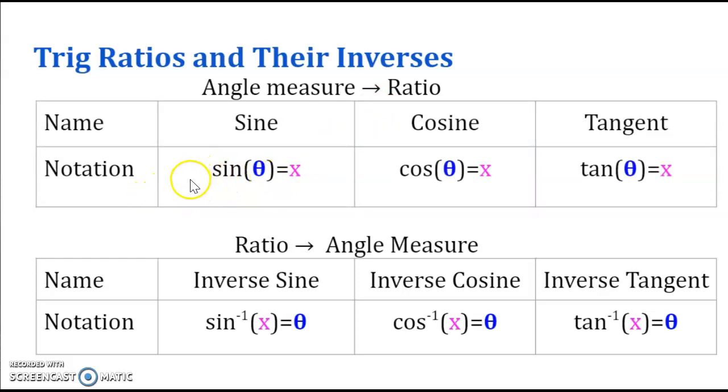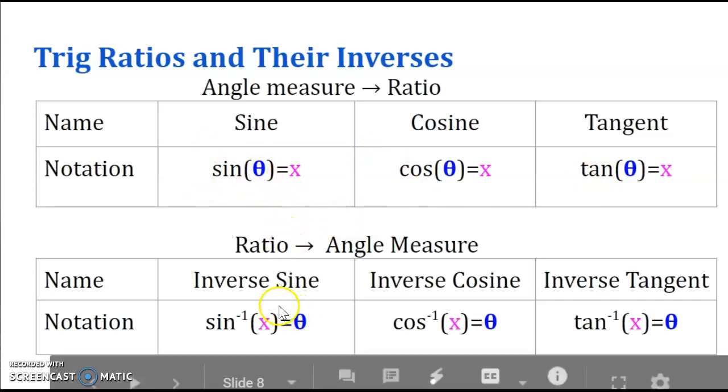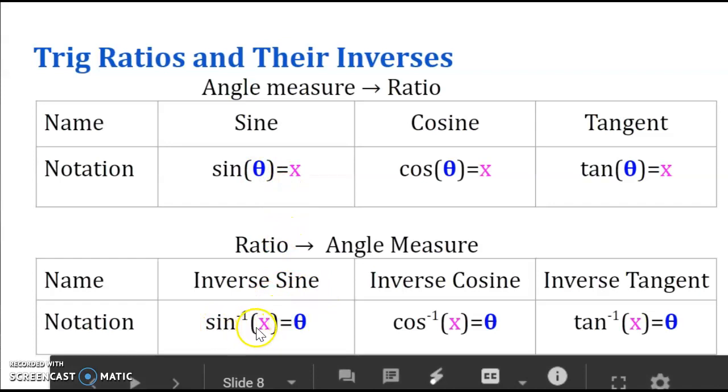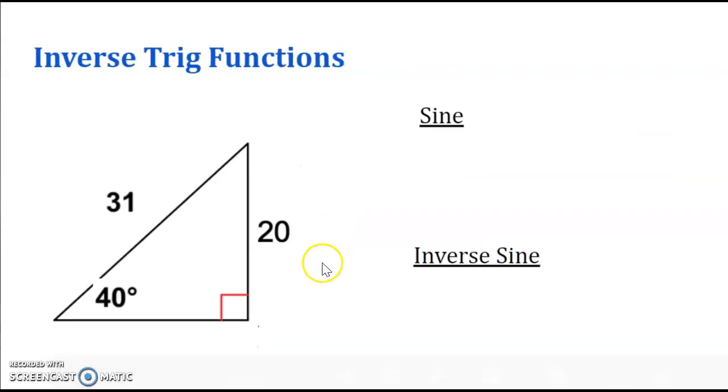And so that's why you're using the regular trig ratios, sine, cosine, and tangent. The input is angle measure and the output is the ratio. While as for inverse sine, the input is the ratio and the output is the angle measure.